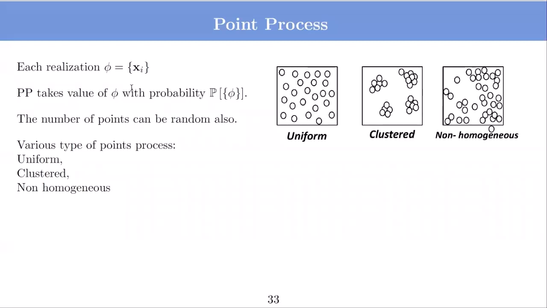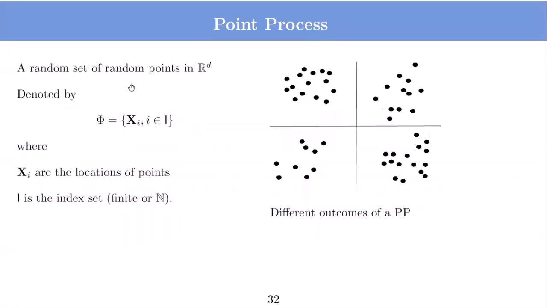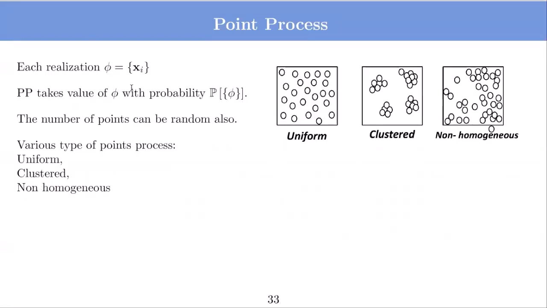Okay, so the complete point process is a random process which denotes the random locations, but if I take one realization, it's just deterministic points. Now, the point process takes value phi with some probability. So if I have a finite or countable number of realizations, you can assign a probability to each realization.